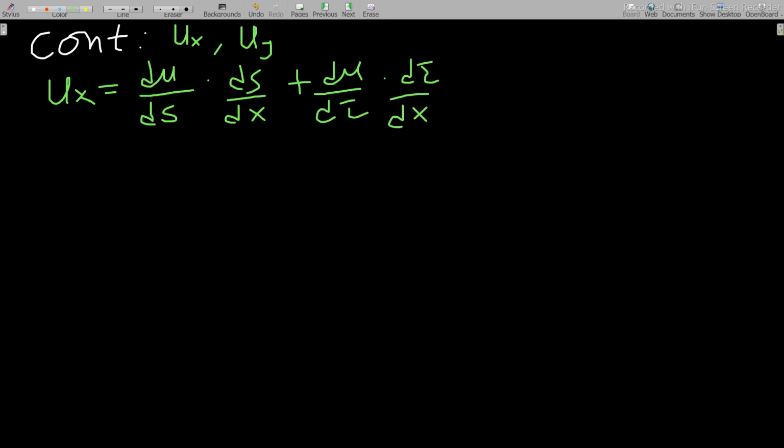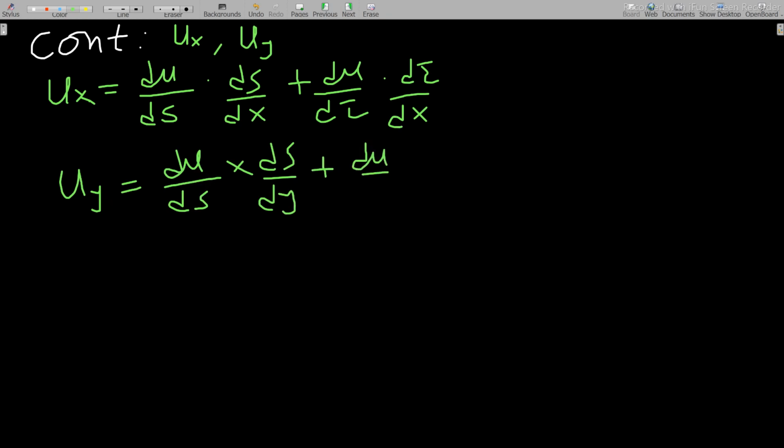Okay, and uy will be equal to du/ds times ds/dy plus du/d tau times d tau/dy. Okay, and this implies that I have ux equal to what?